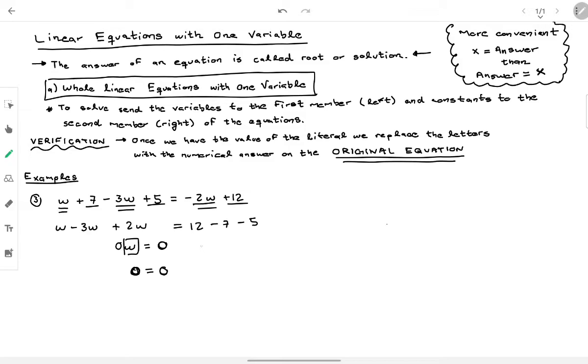So in this case, we can put the answer in very different ways. Why? Because in this case, it will be w that is 0 over 0. We can put that it's undetermined, I mean, not indeterminate, it's undetermined. We can put it in text.